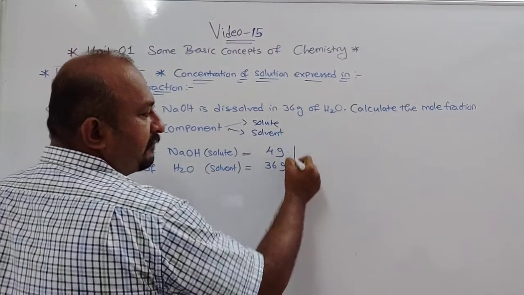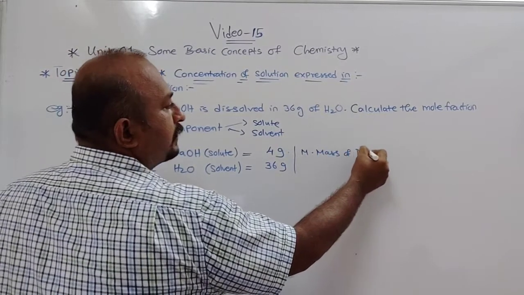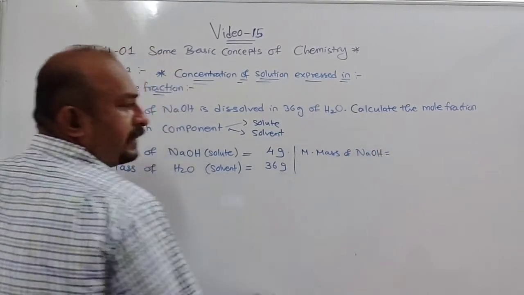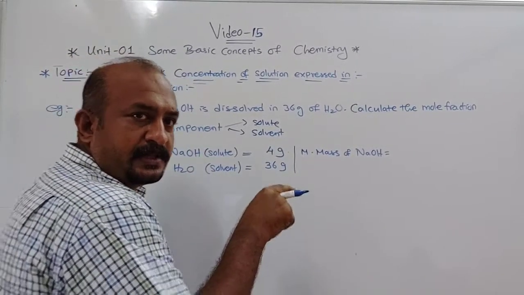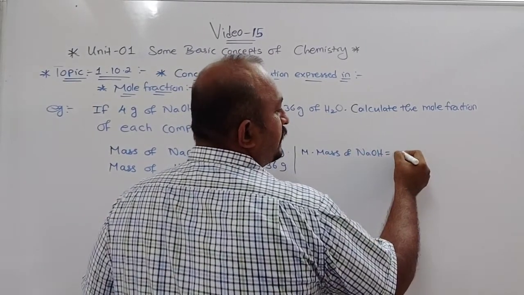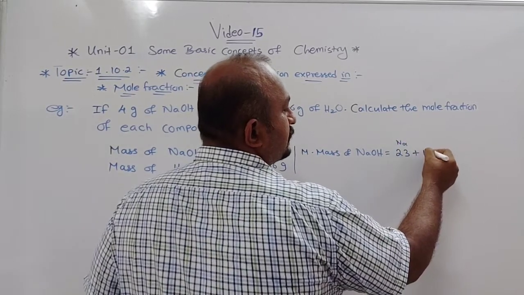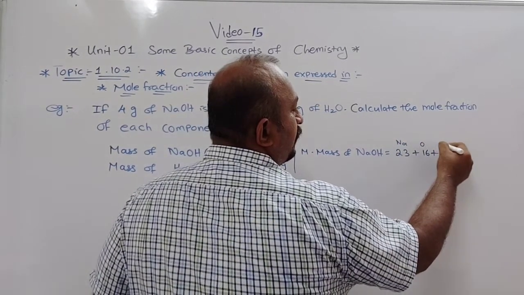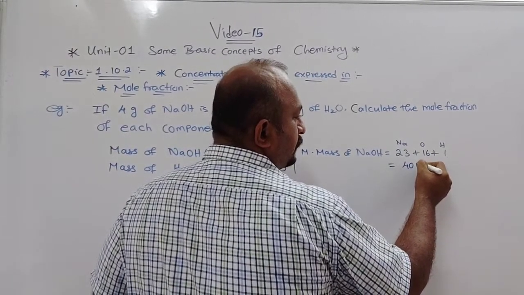Now I will find the molar mass, because we need to find the moles first, then the mole fraction. The molar mass of NaOH is Na 23 plus oxygen 16 plus 1 of hydrogen, so in total it is equal to 40 u.